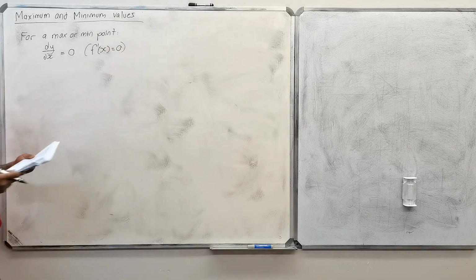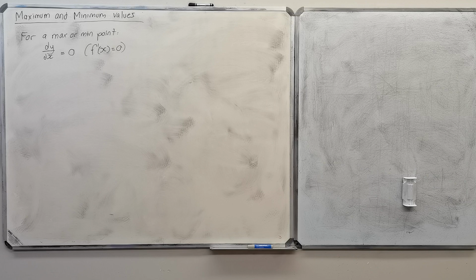It's the same thing. Highlight that, circle it, put a cloud around it. That's what I want you to know for maximum and minimum points. The x values of the turning points are called your critical values. Highlight that too. If they ask you to calculate your critical values, they want the x values.